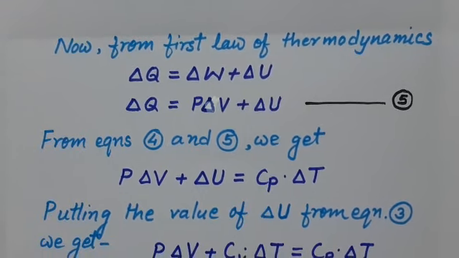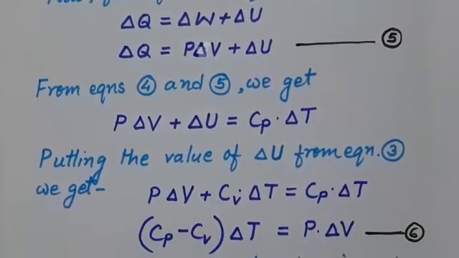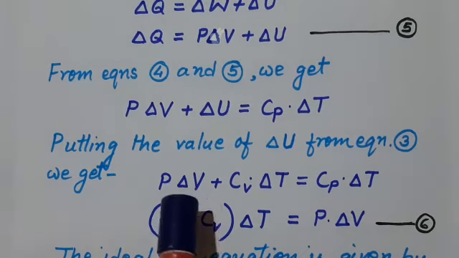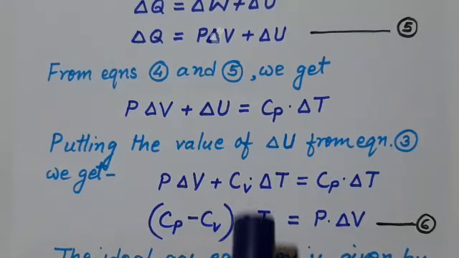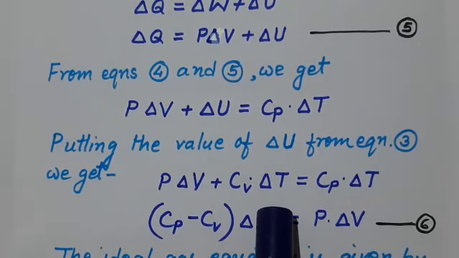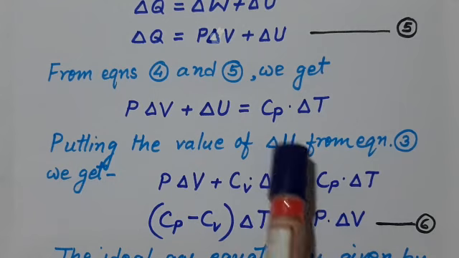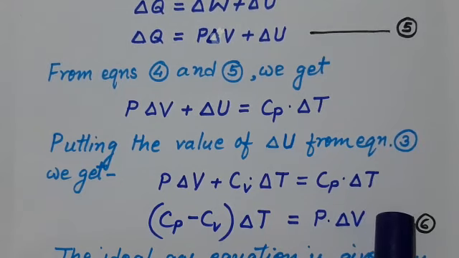Now putting the value of delta U, we get P into delta V, and delta U is Cv into delta T by equation 3, and that is equal to Cp into delta T. Now this will transfer here.